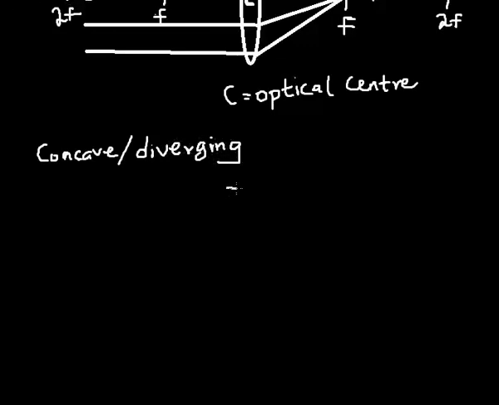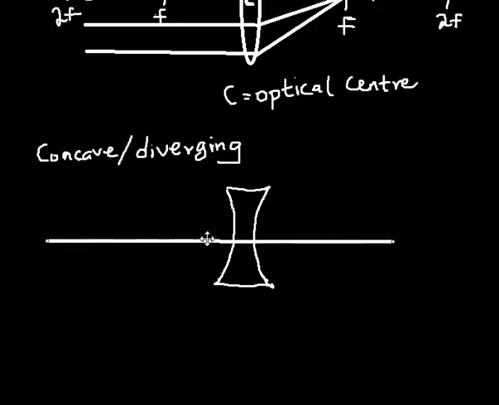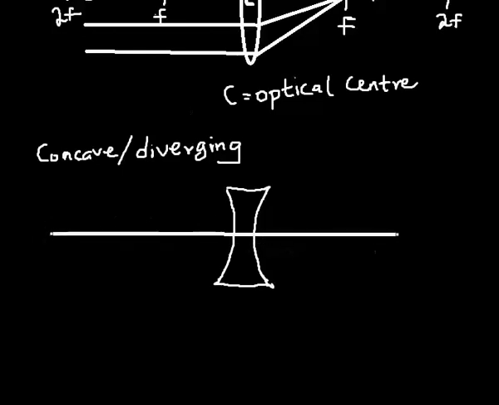For a concave lens, you discover that it is rather thick at the edges than the center. It's very thin in the center but thick at the edges. Then why is it called divergent? Of course you know why it's called divergent. Let me still draw my principal axis.